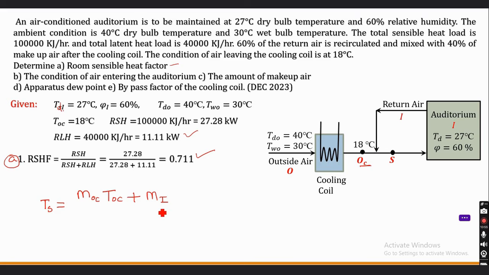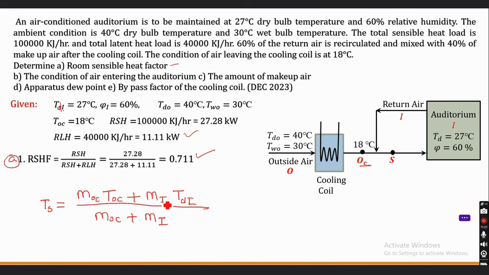So mass of that air multiplied by its temperature, TDI, divided by MOC plus MI. So this is the formula to find out the temperature of mixed air condition when there are two streams. So OC is one stream and I is the other stream.